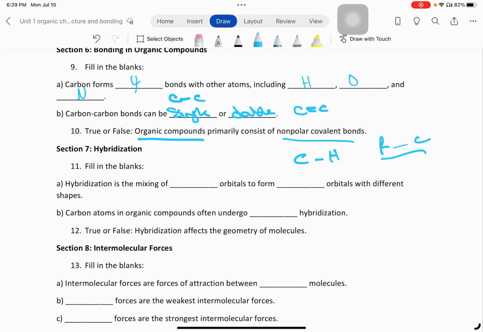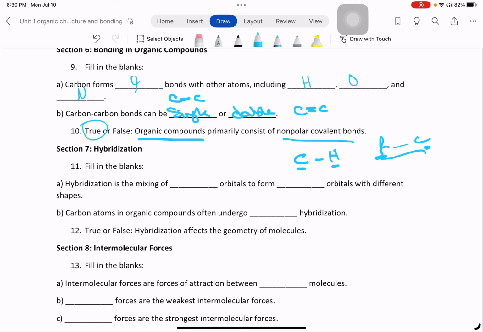Why? Because C and H have similar electronegativities, while fluorine and carbon have a high difference in electronegativity.